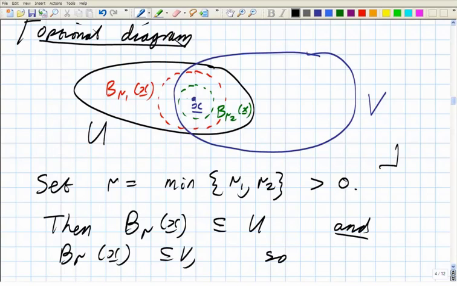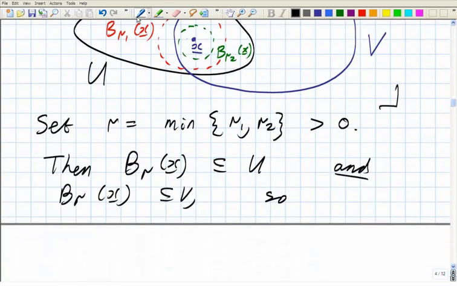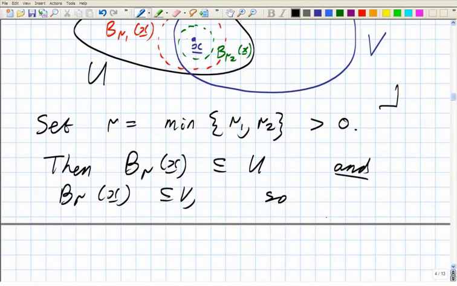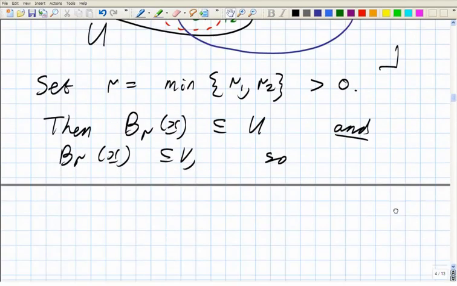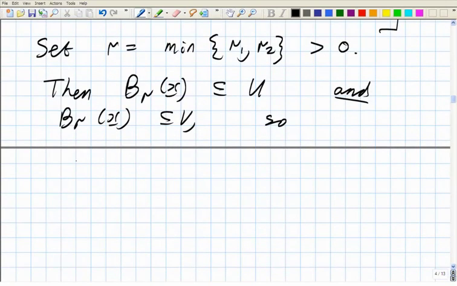It's actually equal to the intersection of those two balls shown there. So in fact, B r of X is then contained in the intersection.